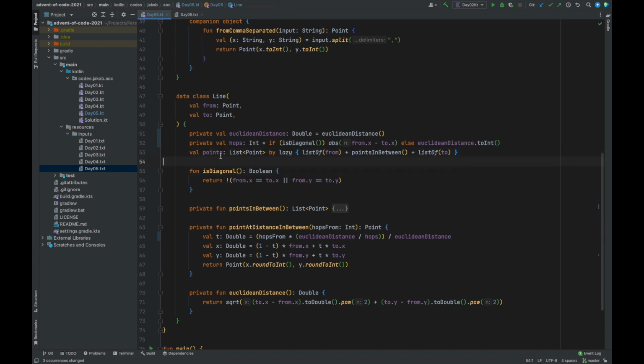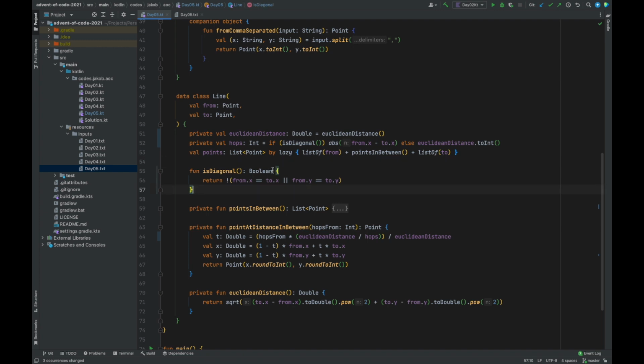So the point is that if a caller of a line instance never needs the points, this is not going to be executed. Thus, some runtime is saved, some memory is saved. Quite nice. Super overkill, obviously, for the assignment. Anyways, I need all the points, and I thought this is a nice use case for the lazy delegate in Kotlin.